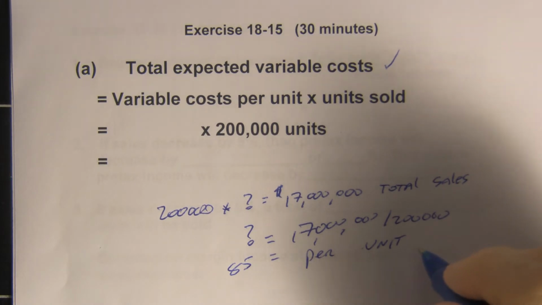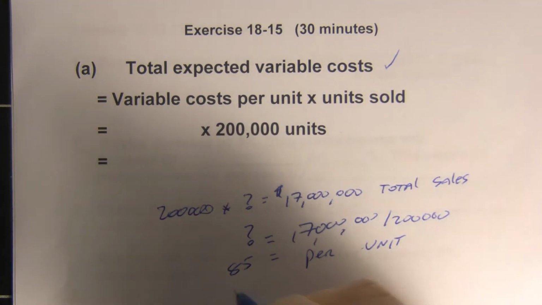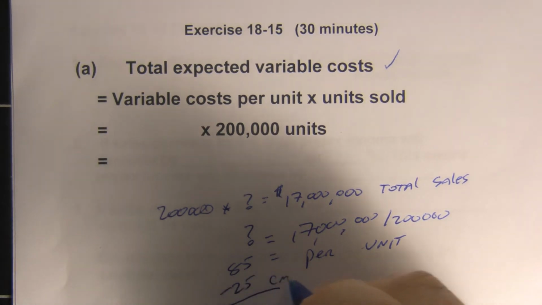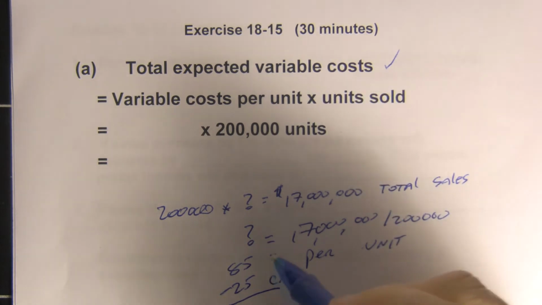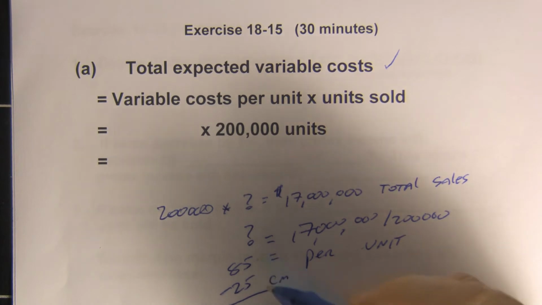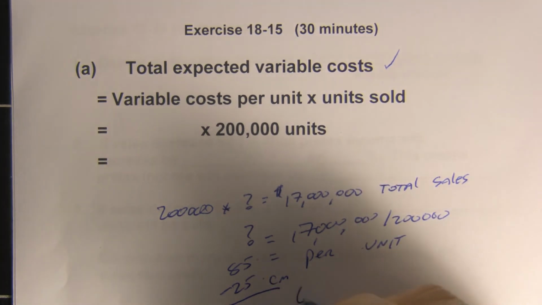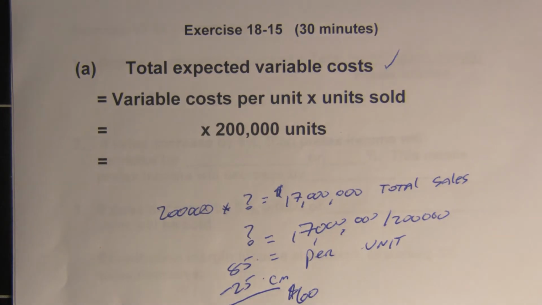Now, they also tell us that each unit will have $25 of contribution margin. Therefore, the variable costs are the difference between the selling price and the contribution margin. So $60 per unit is the variable cost.